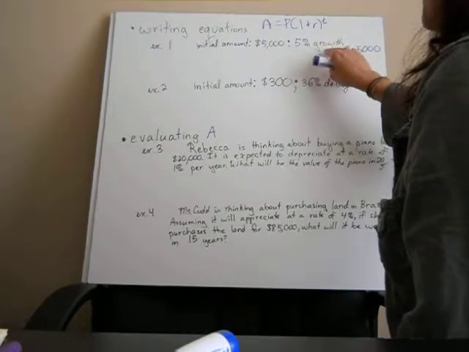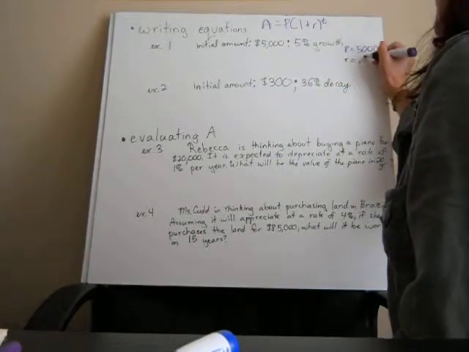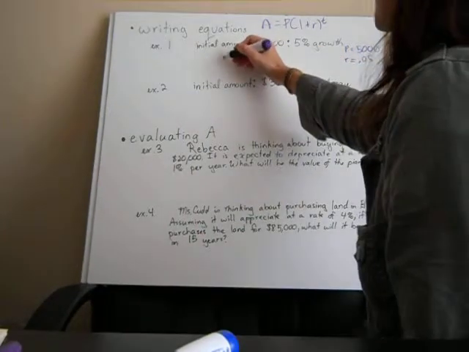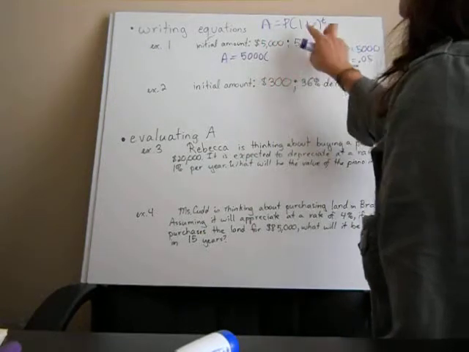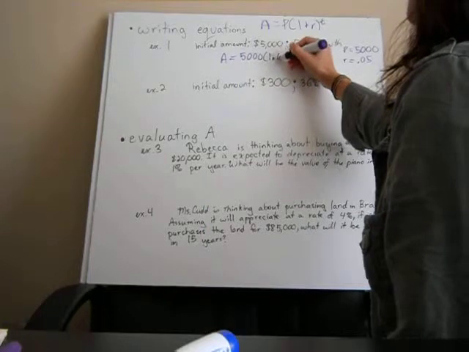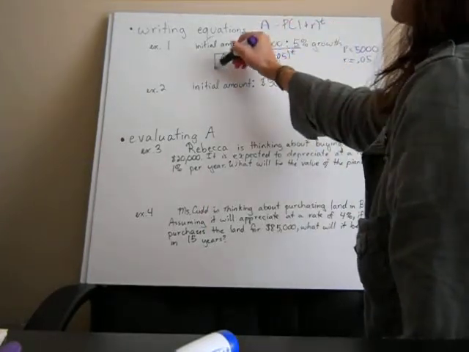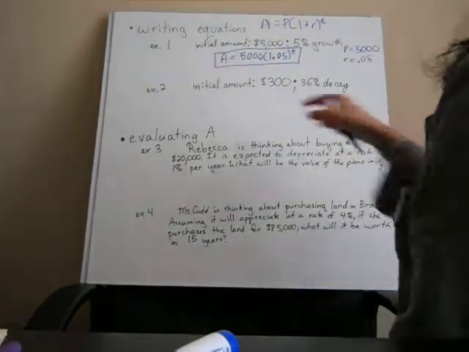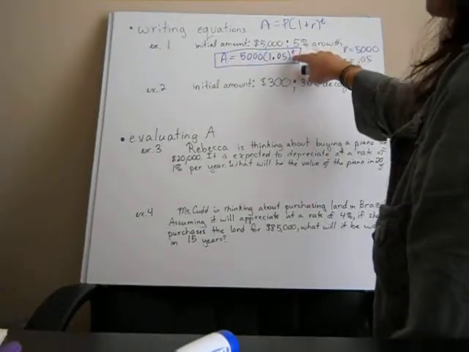So growth does mean it's positive, but divide that 5% by 100, and you'll get that rate as 0.05. So when you plug that in, that means you have A is equal to 5,000 times 1 plus R, so 1 plus 0.05, to the T power. And that is it. If you're asked to write the equation, then you're going to have the amount is equal to something, and it's like the relationship over time.